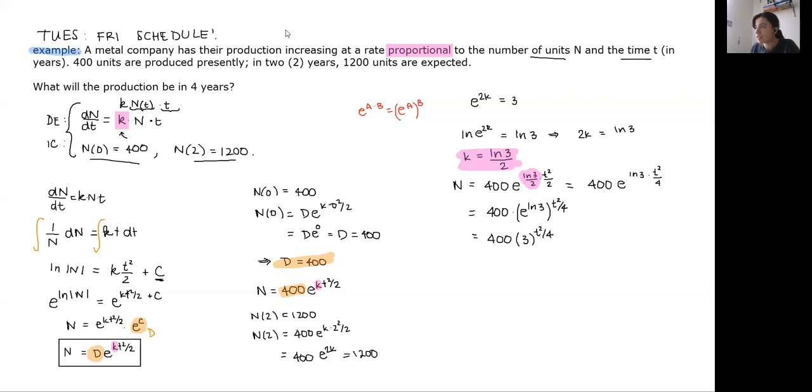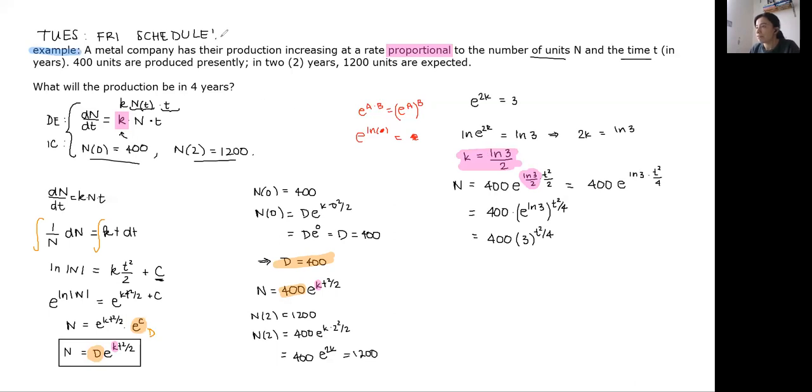I'll put that one in red here as well. When I have e to the power of ln of something, the result is always going to be the something. So that's exactly what I did here, which is why I need to separate this into something that has a logarithm versus everything else that is not included in the logarithm, so that I can see exactly what this is.